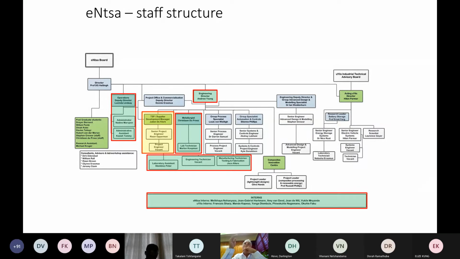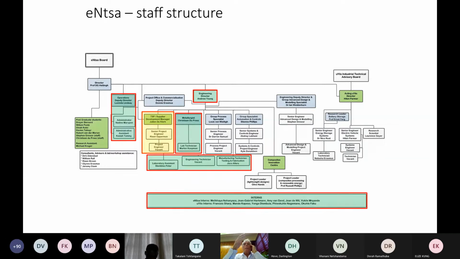It gives you an idea of the level of expertise that is in this particular entity. It's been built up over a 25-year period, and there are some people that have been there on 5-year rolling contracts for about 20 years.